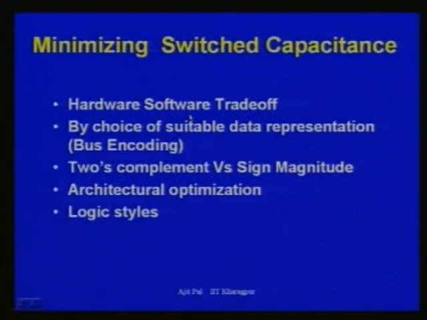One is hardware software trade off, second is bus encoding, third is using suitable number system, sign magnitude or 2's complement, fourth is by using some architectural technique, last is by using logic style. So, these are some of the techniques which can be used. I shall explain some of the techniques.